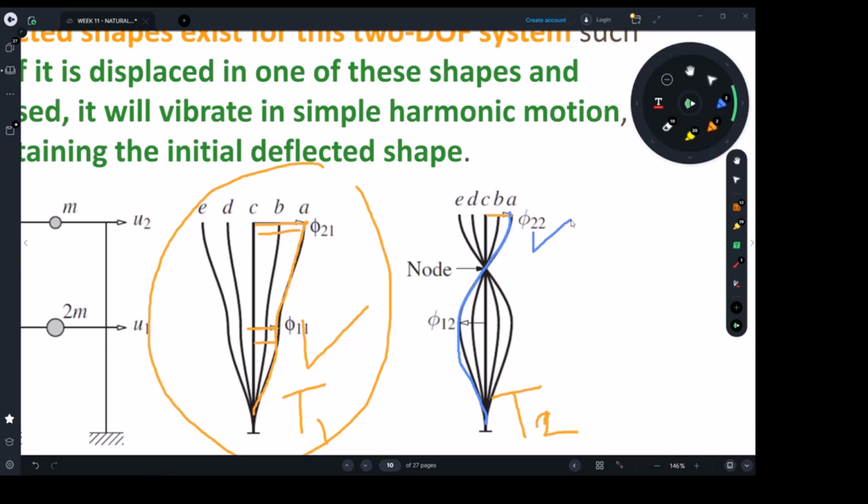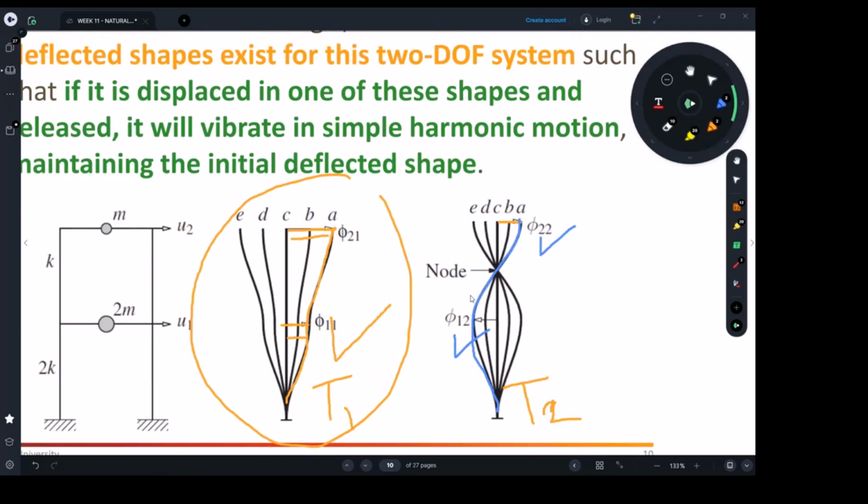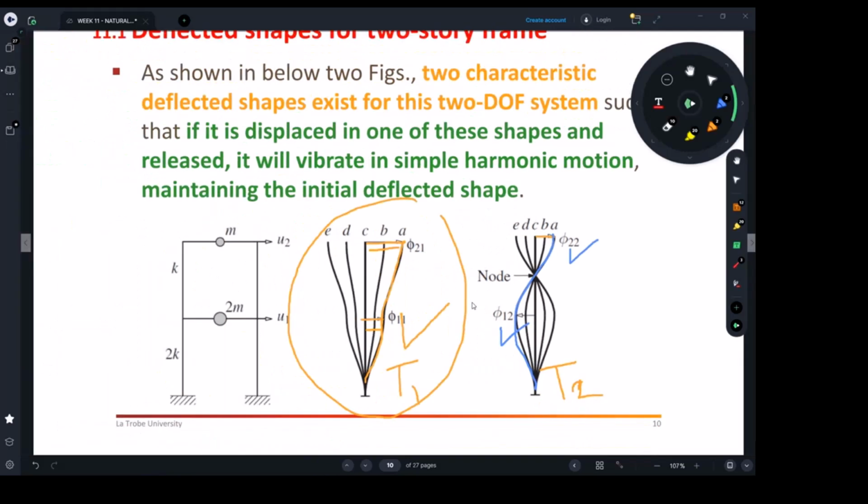Now someone will ask, what's this value and what's this value? These values will be calculated because it's got specific ratios and shapes to give you the specific harmonic motion. Now, in summary, or in other words, 2 degree of freedom systems got 2 mode shapes.